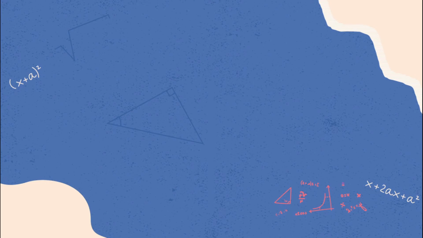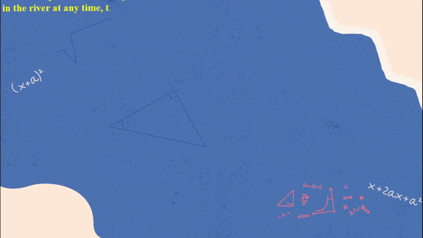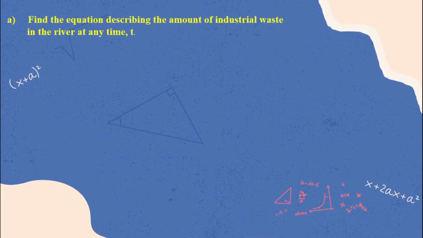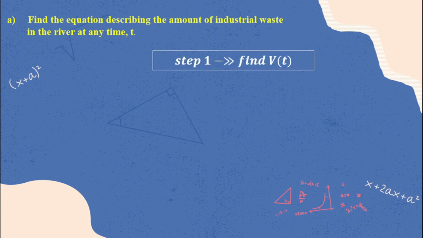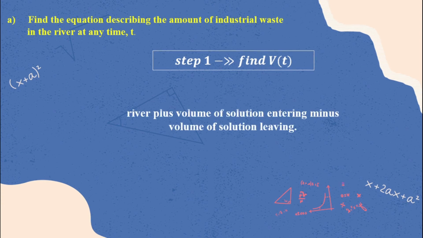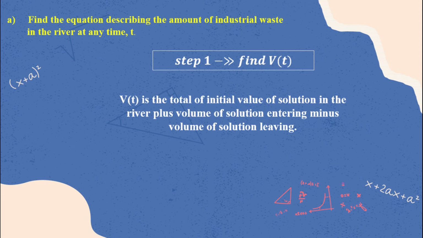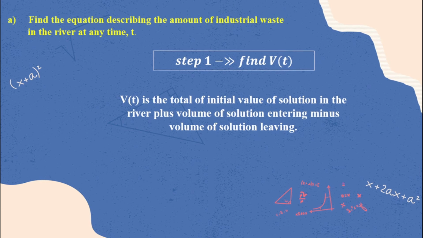So now, let's answer question A, which is to find the equation describing the amount of industrial waste in the river at any time t. The first step that you need to do is to find V(t). V(t) is the initial volume of solution in the river plus the volume of solution entering minus the volume of solution leaving.